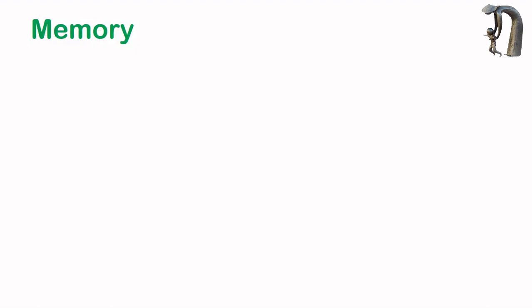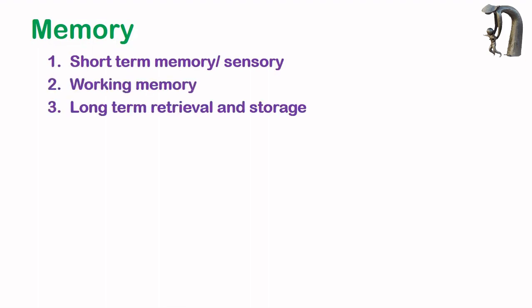Okay. So memory. Let us go a little brief or in detail to understand the memory structure. As we know, we have short-term memory, working memory, and long-term memory, or you can say long-term storage.